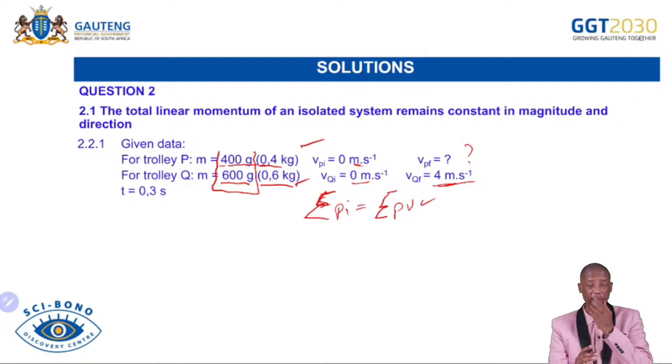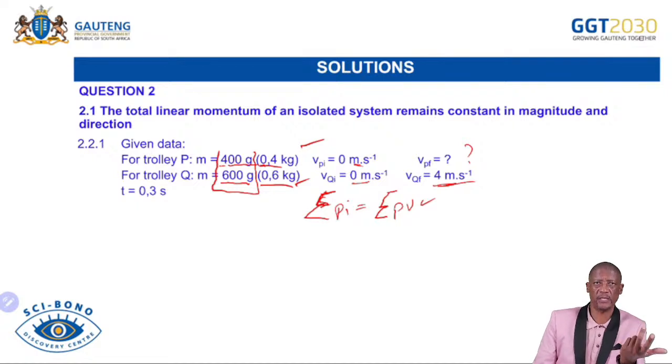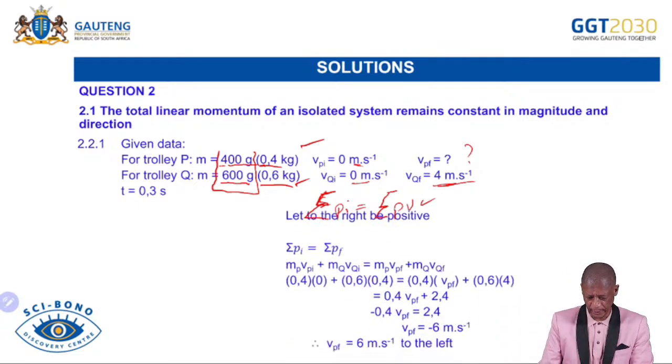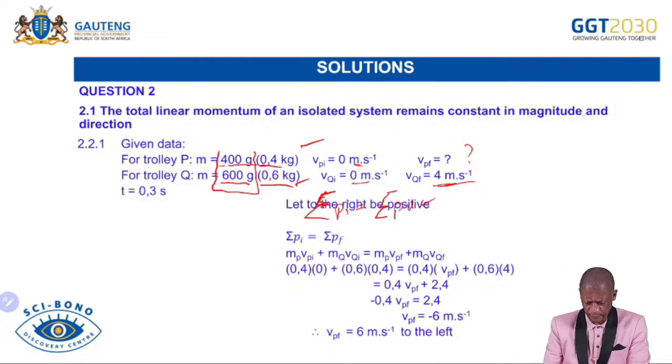But here, because they were linked together, we'll use a common velocity, adding the masses. And then you calculate the other side. Now, let us look at how I do it. We take the motion to the right as positive, right?